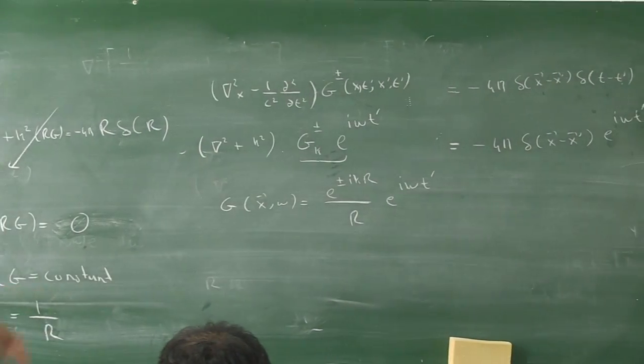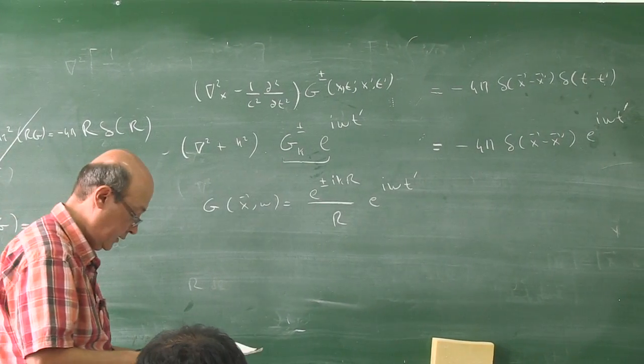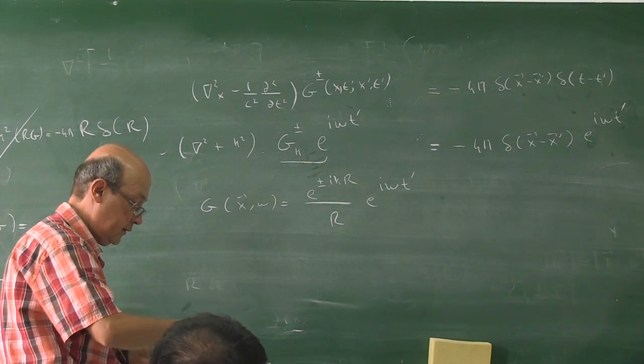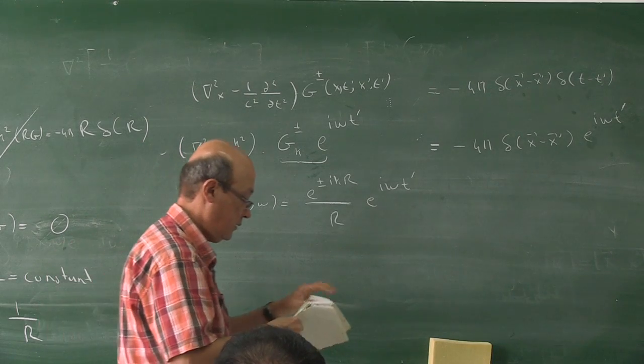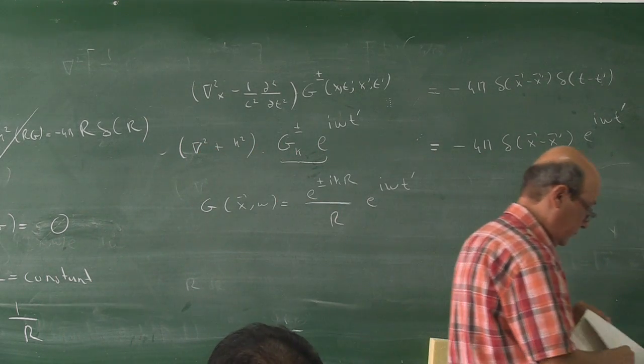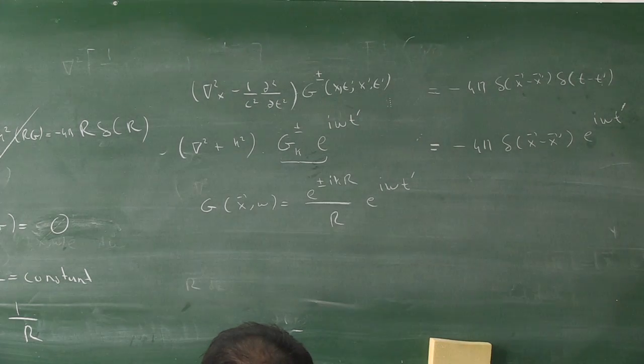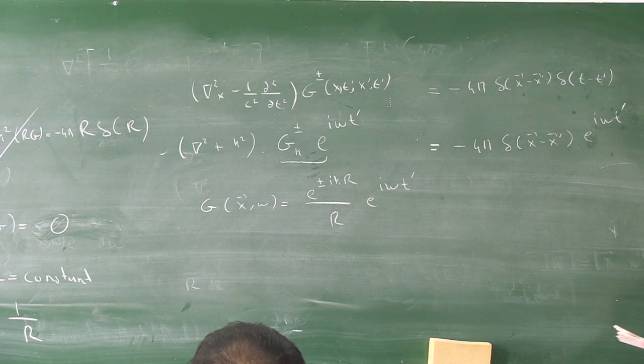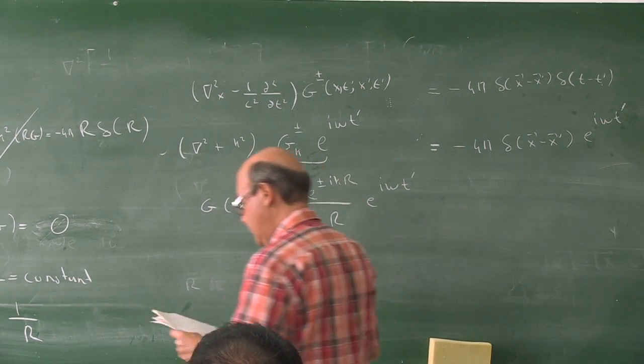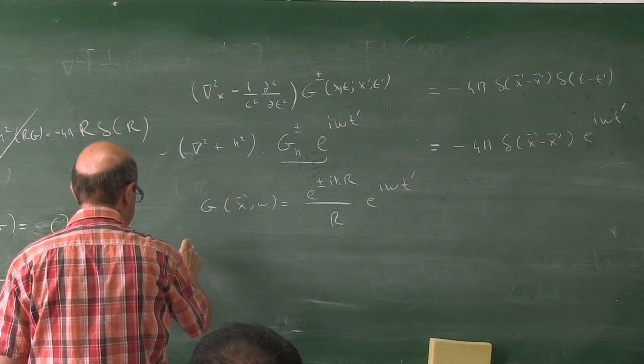So the next step, take the inverse Fourier transform of this and find the Green's function. So this is very simple. The rest is simple.